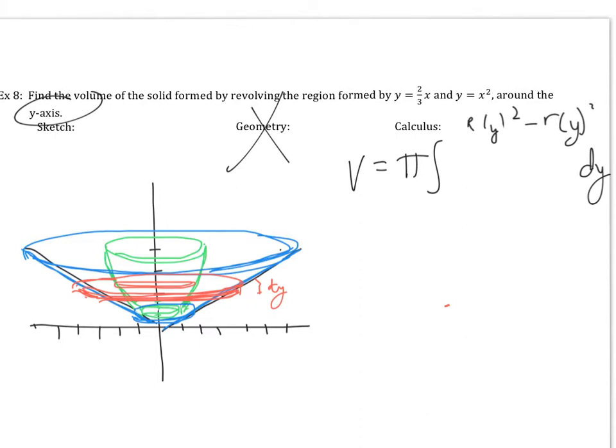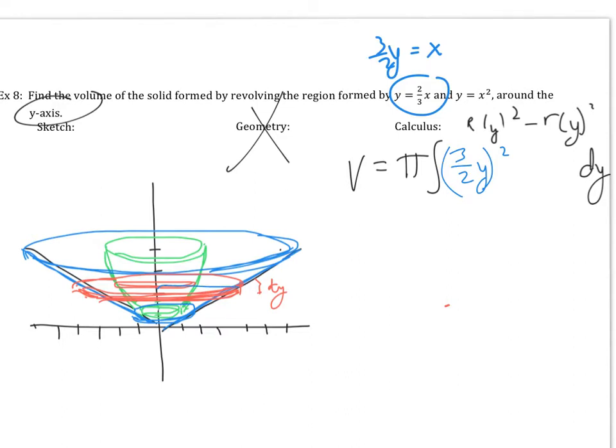So if y equals 2/3 x, then 3/2 y is equal to x. That's me solving this for x. So I'm going to have 3/2 y for my larger radius.